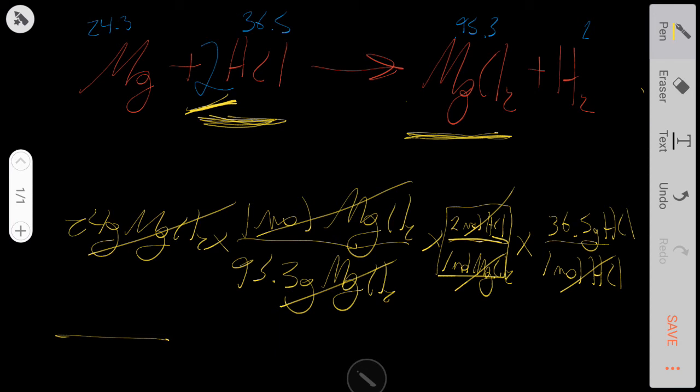So 24 times 1 times 2 times 36.5 gives me 1,752 above 95.3 times 1 times 1, so that's 95.3. So how many grams of HCl do I need? 1752 divided by 95.3 is 18.38.